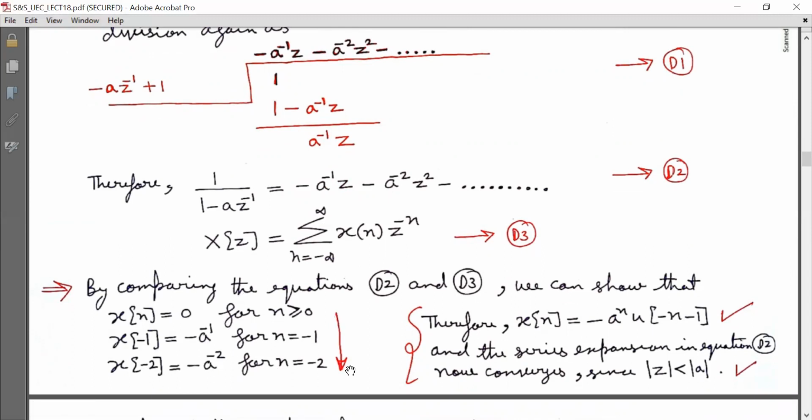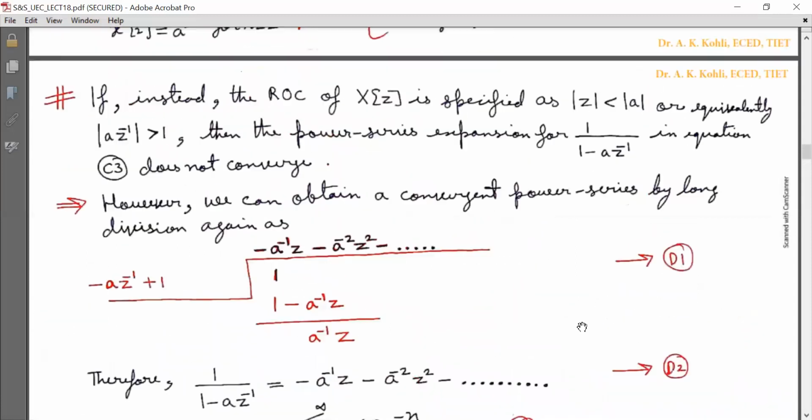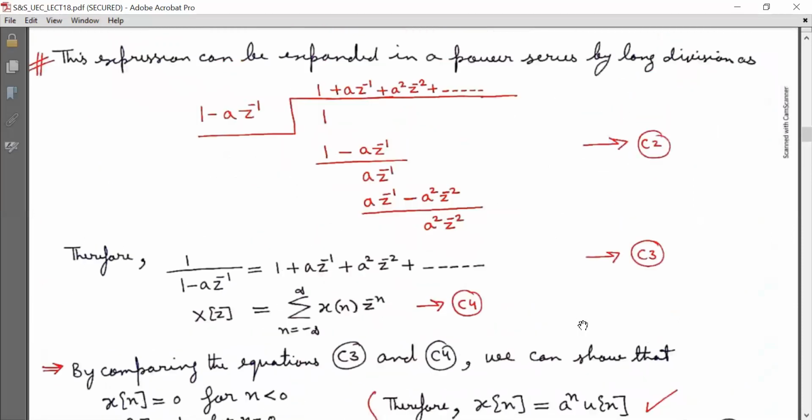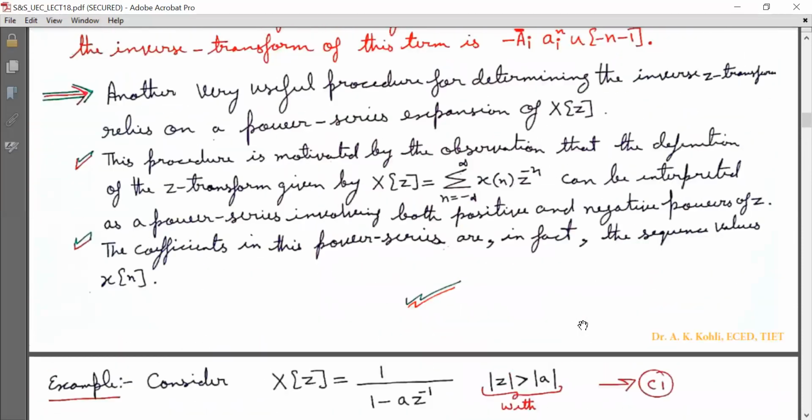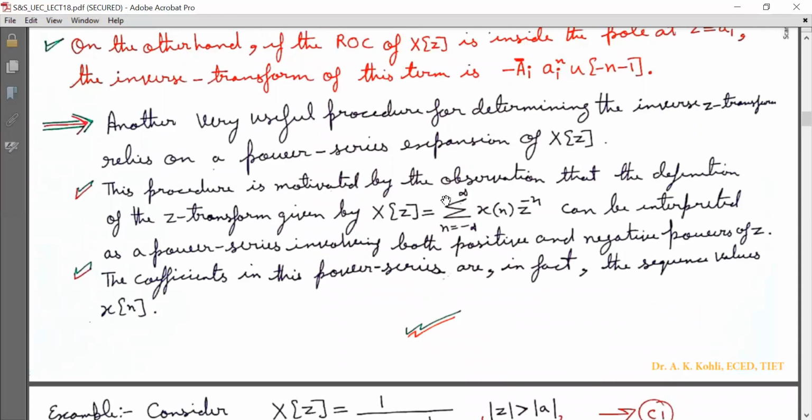Now, based on these observations, I can write that x[n] is equal to minus a raised to n u[-n-1], and the series expansion in equation D2 now converges since magnitude z is less than magnitude a. So this is the process by which we can obtain x[n] using the method of inverse Z transform by a power series expansion.